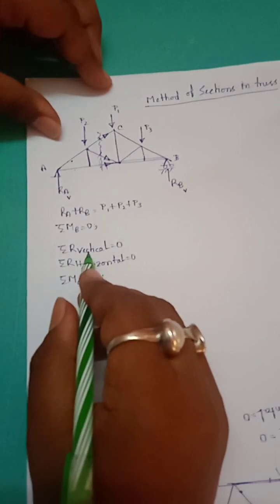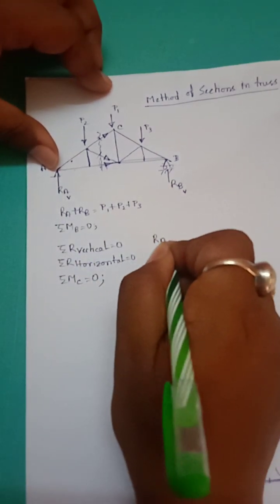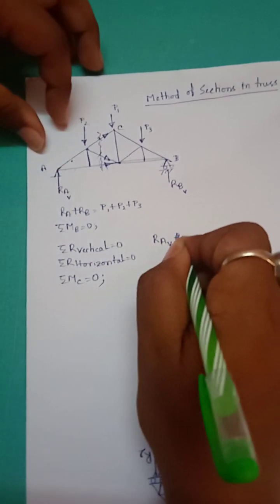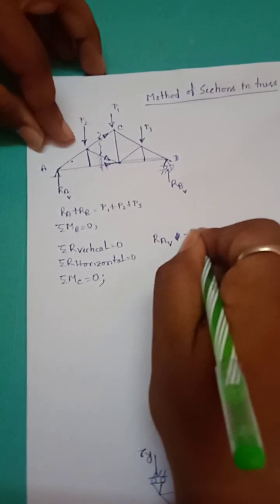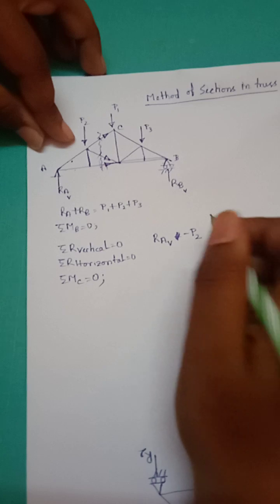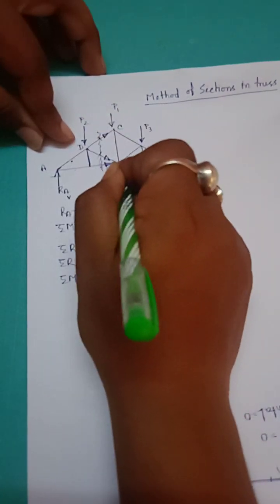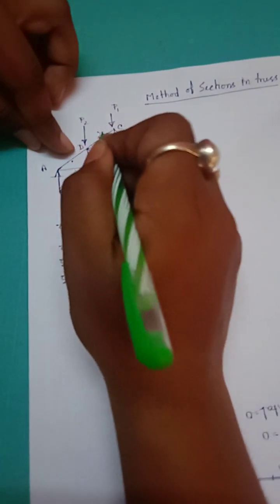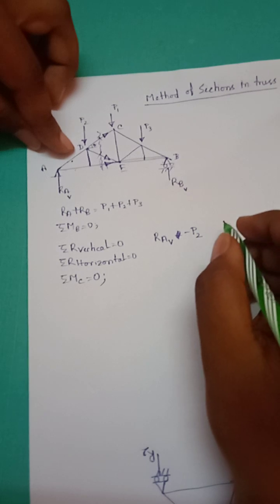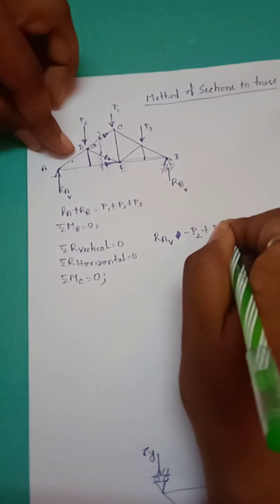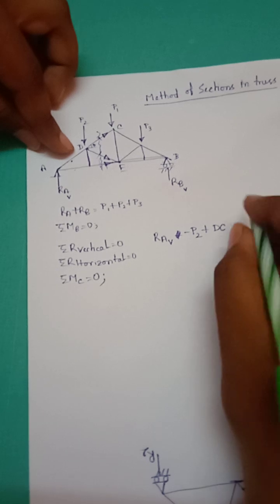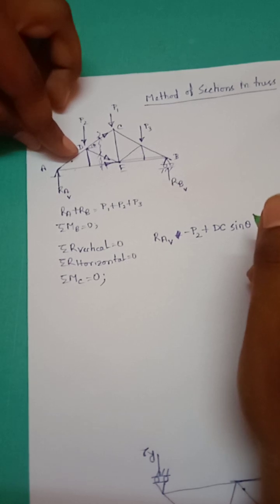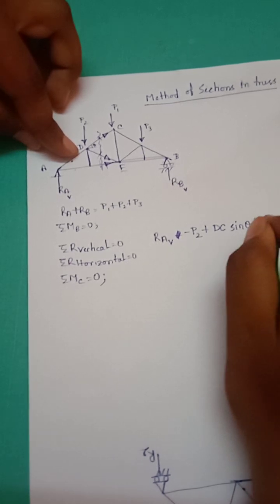When Fy is 0, then RA will be in upward direction, P2 will be in downward direction, force in DC will be in upward direction, and force in DE will be in downward direction.